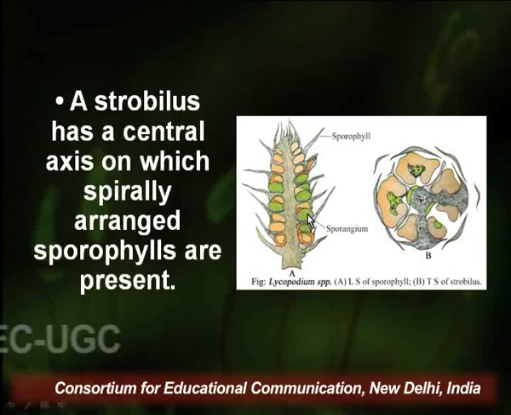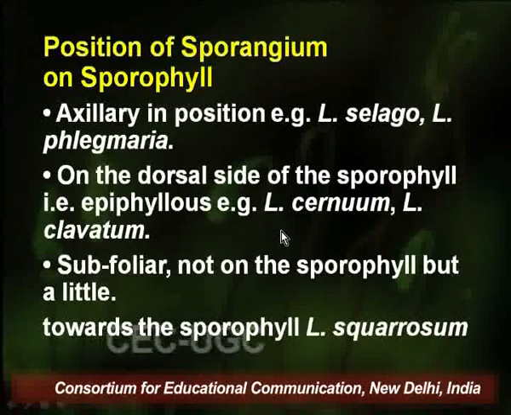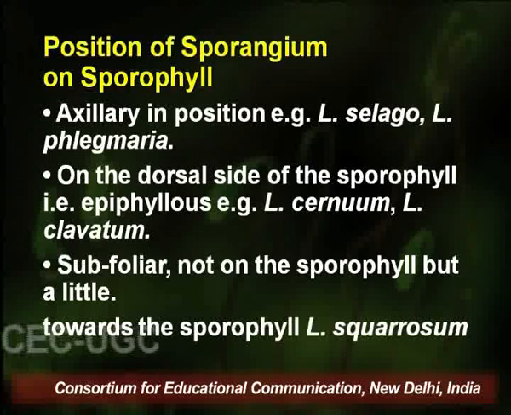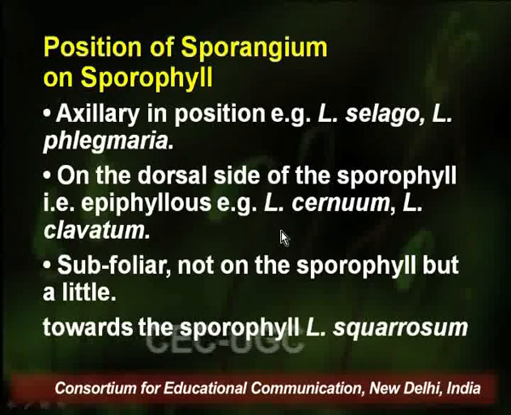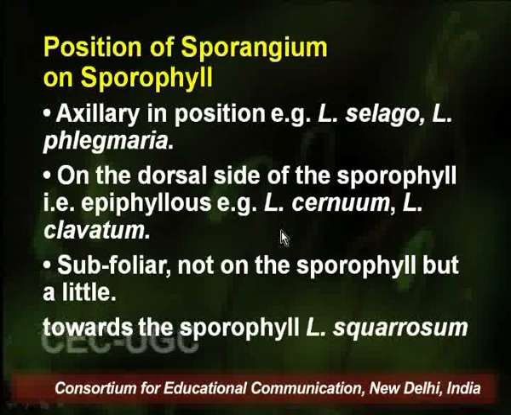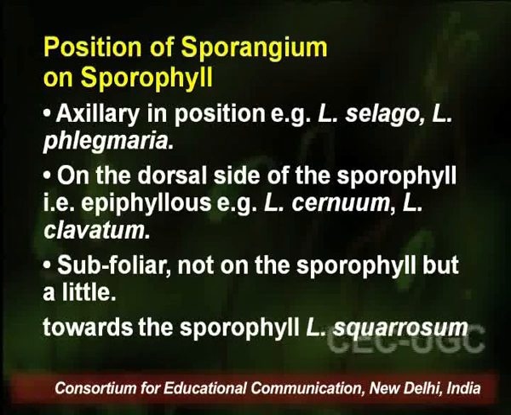As far as the position of sporangium on a sporophyll is concerned, they are mostly axillary in position, for example in Lycopodium selago and Lycopodium phlegmaria. They could be on the dorsal side of a sporophyll, also termed epiphyllous, for example in Lycopodium cernuum and Lycopodium clavatum.